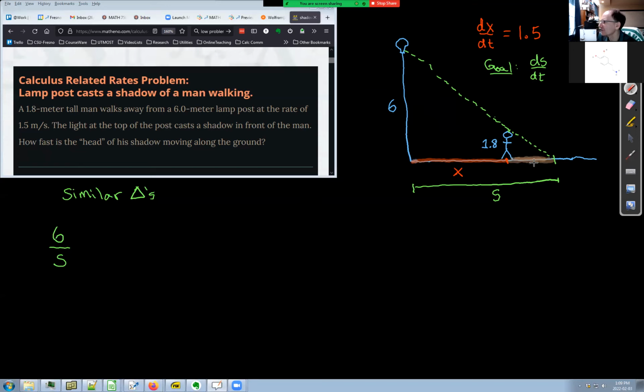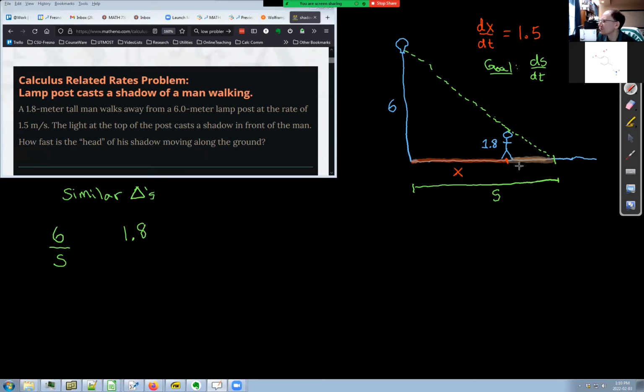And now let's look at the ratio of the two sides of the little triangle. The vertical side of the small triangle is 1.8. And the horizontal side of the small triangle is, uh-oh, I don't know what that is.